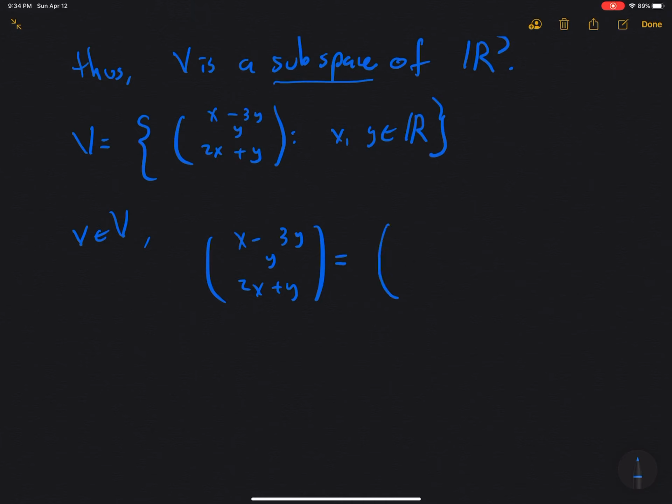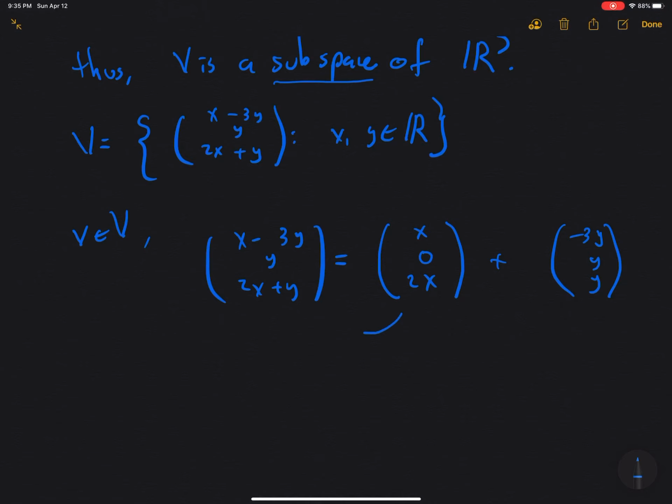We can write down all the x's and all the y's as two separate vectors. In other words, for example, we can write down this as x, 0, and 2x, and negative 3y, y, and y. Notice that the only thing that I did was to split this into two vectors, which we can do.